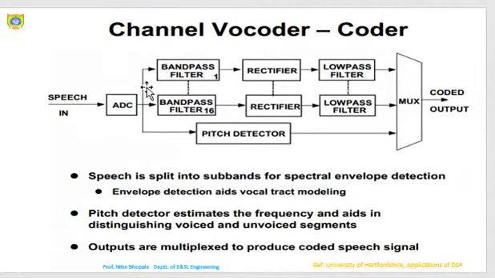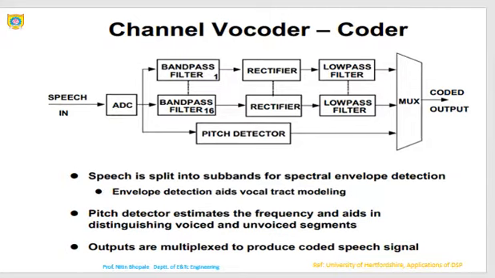Once the bandpass filter divides the speech into smaller frequency groups, each subband is rectified. Every subband is further rectified and low pass filtered to determine the spectral envelope of the speech. They are then digitized and multiplexed for transmission.